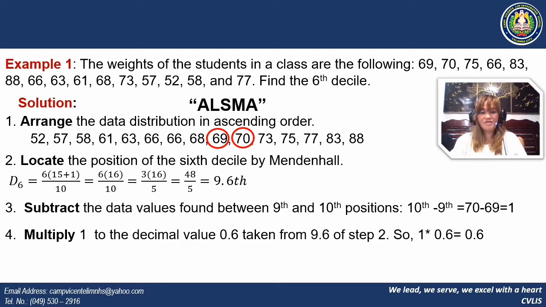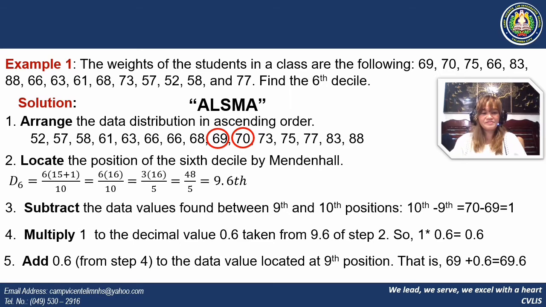So we have a product of 0.6. Last step, add 0.6 from step 4 to the data value located at the 9th position, that is 69. So we have a sum of 69.6. And now let us use the computed value for constructing analysis and interpretations.